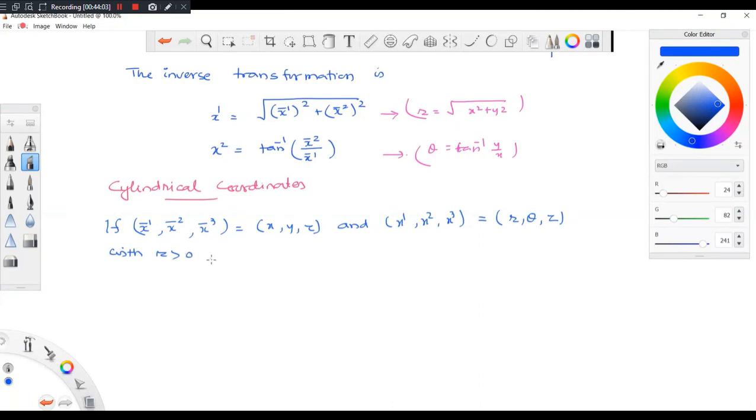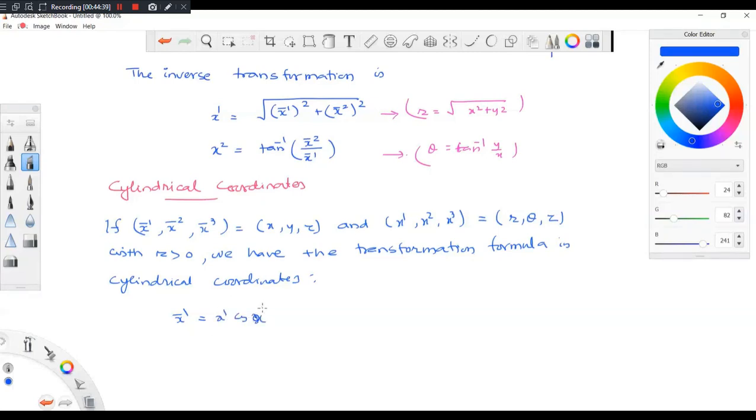Then we have the transformation formula in cylindrical coordinates: x bar 1 is equal to x1 cos x2, x bar 2 is equal to x1 sin x2, it is our natural thing, we always go to theta, and x bar 3 is equal to x3.